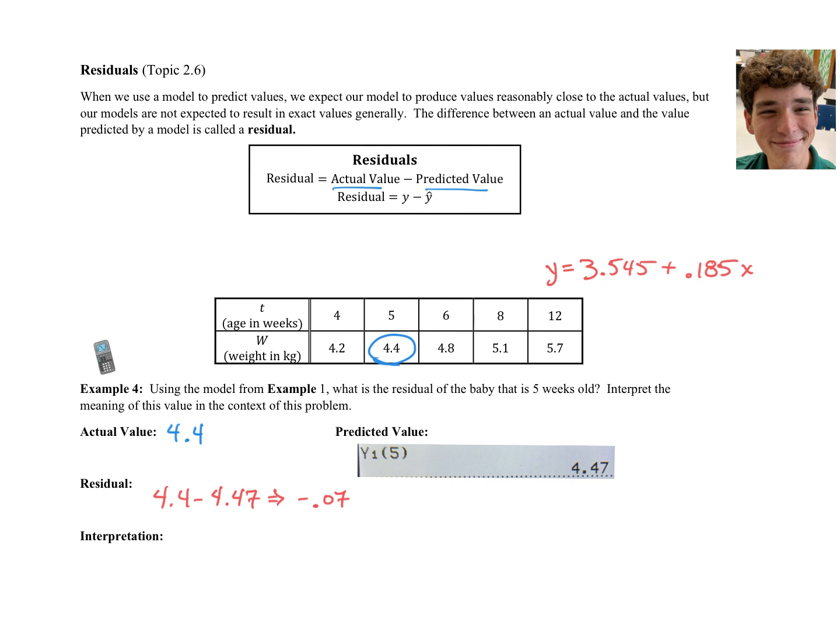That is our residual. Let's interpret this. What happened with our predicted amount? Was it an overestimate or an underestimate? It's an overestimate. So our predicted value was an overestimate.